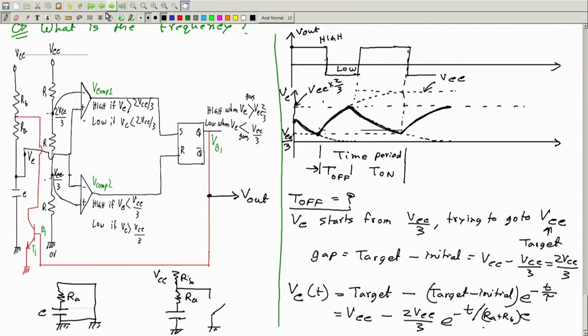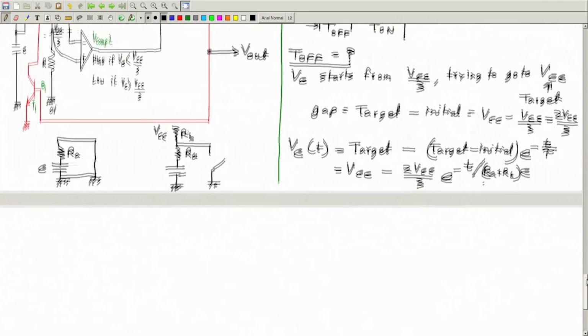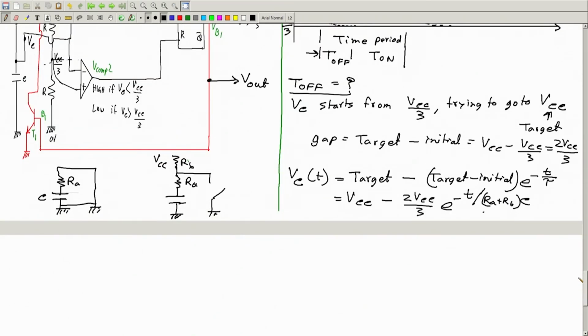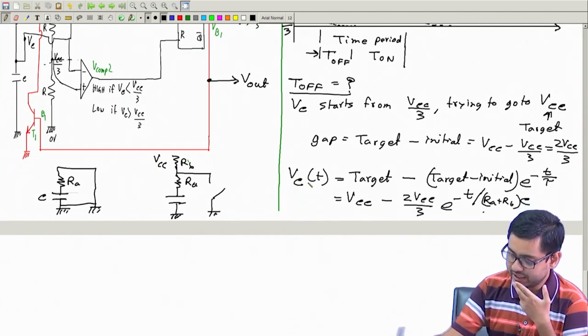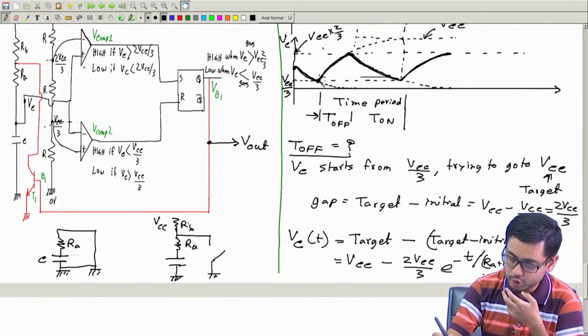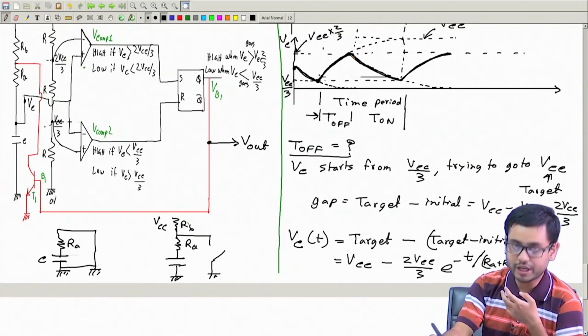Okay. Now we have to find how long it will take to go from the initial value to 2/3 VCC.